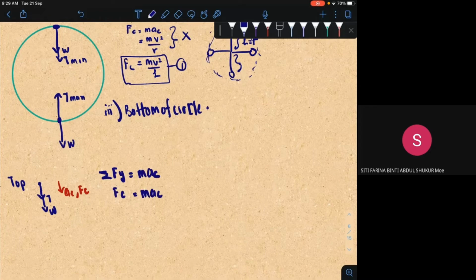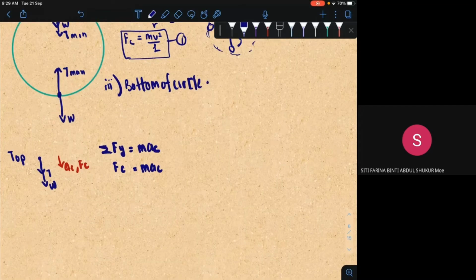So the forces for your centripetal force adalah tension dan weight both ke bawah. So negative T minus W is equals to MAC. AC kamu pun ke bawah. So kita letak negatif.